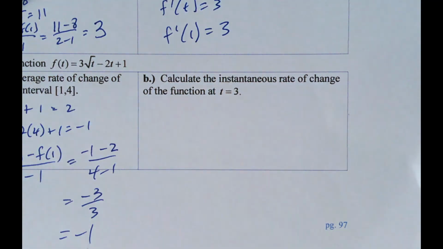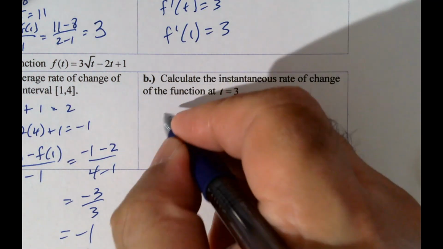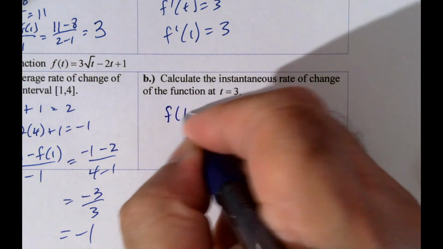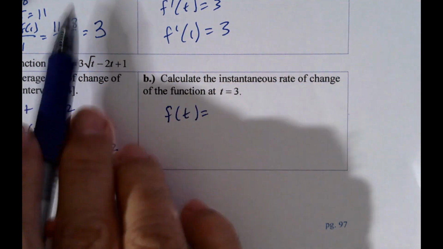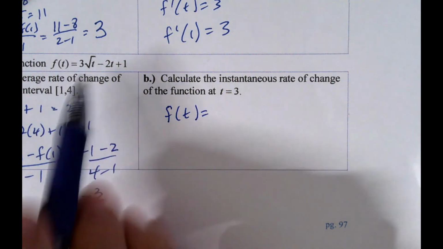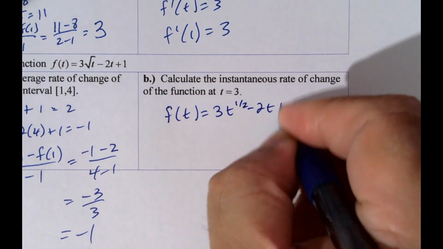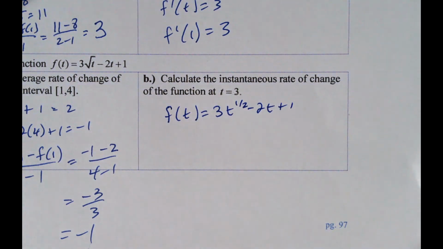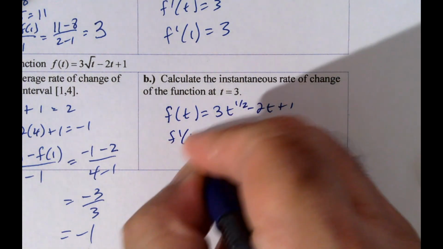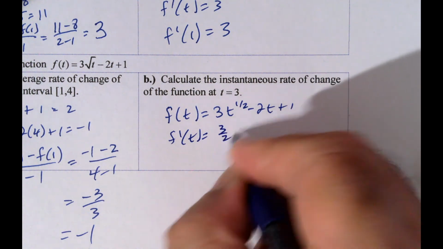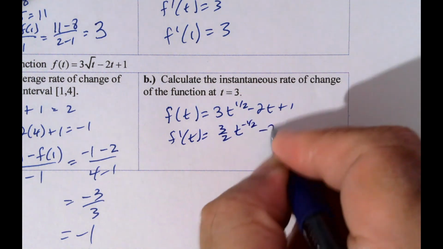Instantaneous rate of change, so we need a derivative. First I'm going to rewrite this function. That's 3t to the half minus 2t plus 1. I write it in exponential form so I can use the power rule. F prime of t is 3 halves t to the negative 1 half minus 2.